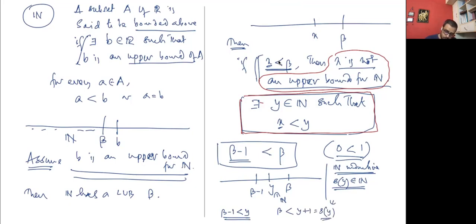So you have produced an element in N. N is inductive, so this S of y must belong to N. You have produced an element of N which is bigger than this least upper bound, which is a contradiction, because there cannot be anything bigger than an upper bound in the set. So that gives you a contradiction, which means that your initial assumption has to be wrong. So N is not bounded above.